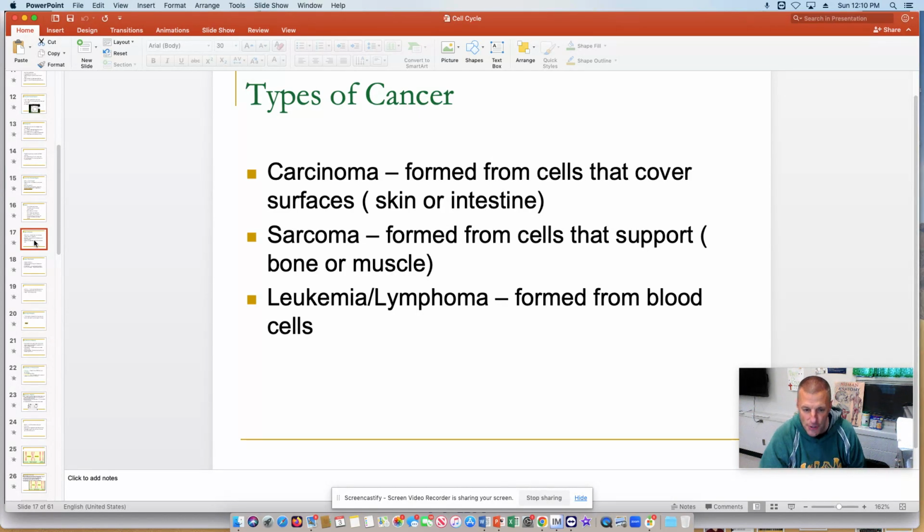And then blood cancers or lymph cancers, which are kind of similar. You have two different circulatory systems: the part carrying your red cells and the part carrying fluids. Those are sometimes together and sometimes not. Those that have to do with some kind of circulation are leukemia and lymphoma.